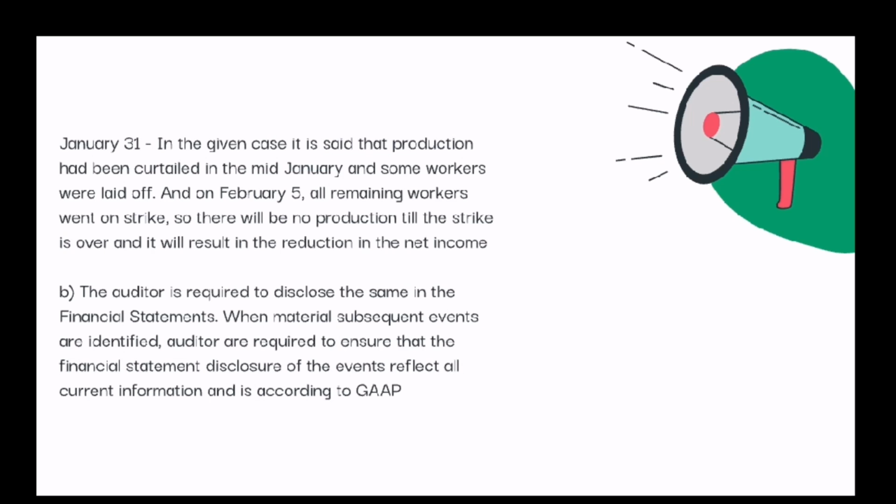And on January 31, in the given case, it is said that production had been curtailed in mid-January and some workers were laid off. Tapos nung February 5, lahat ng remaining workers ay nag-went on strike. So kapag nangyari yon, for sure walang production, at kapag walang production, magre-resulta yun sa pagbaba ng ating net income.